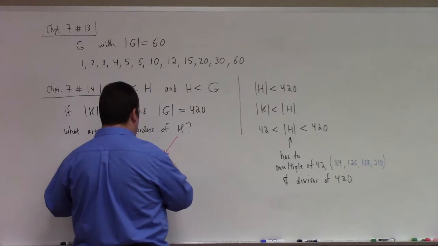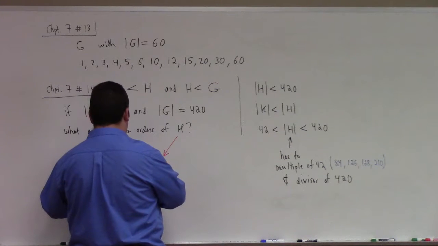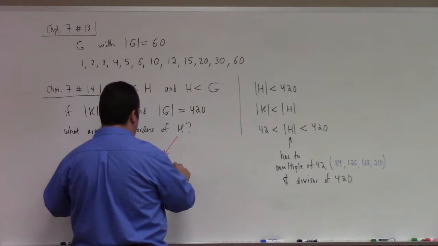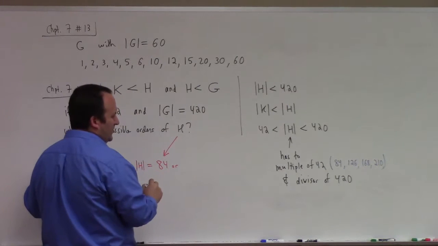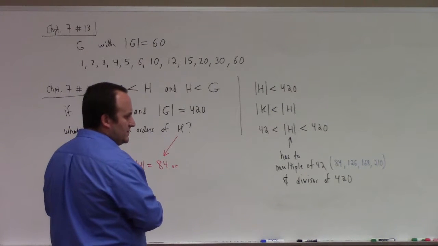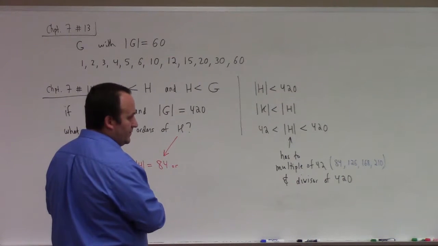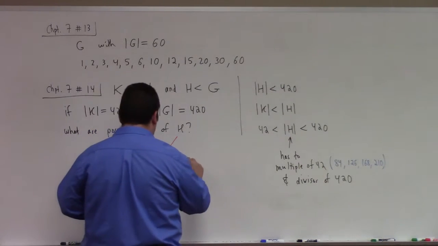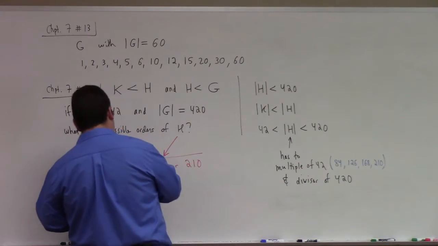Yes. So we have 84, the order of H could be equal to 84, or, I don't think 126 is a divisor though, is it? But 210 is. So there you go.